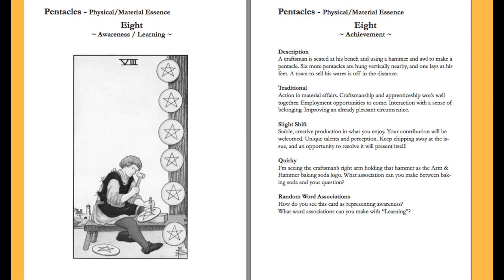What word associations can you make with learning? So this card representing a key word like awareness, and making word associations with another word, like here I have learning, is also a way of fanning out new ideas into what you're looking into.